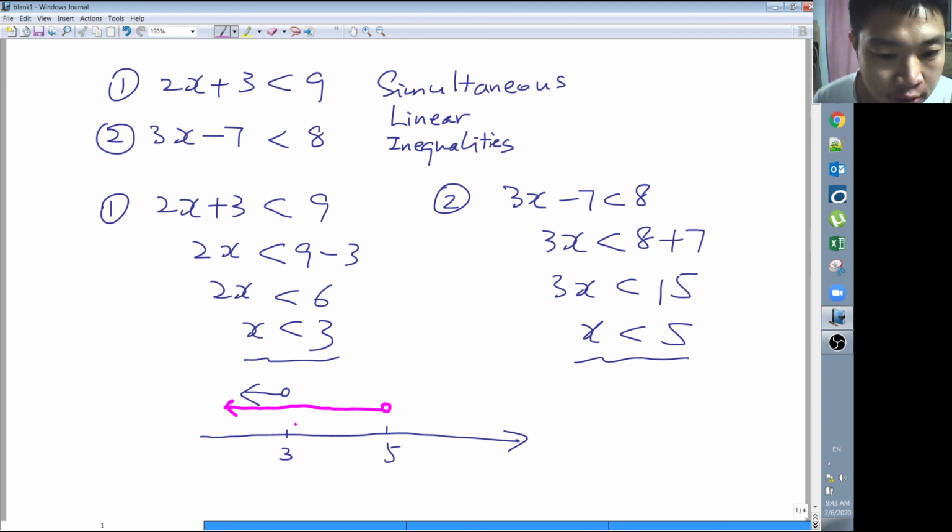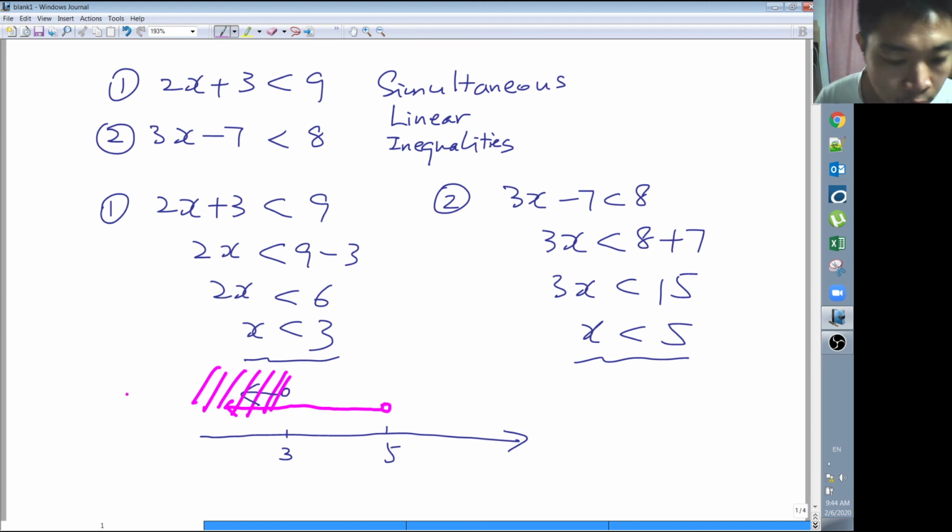Now you have to decide. I hope you can see the overlap portion for these two inequalities from here onwards. So from here onwards they start to overlap.